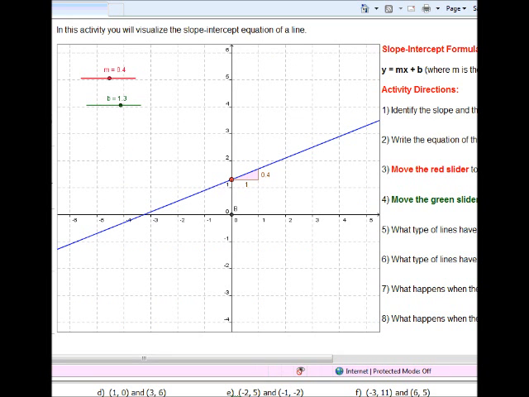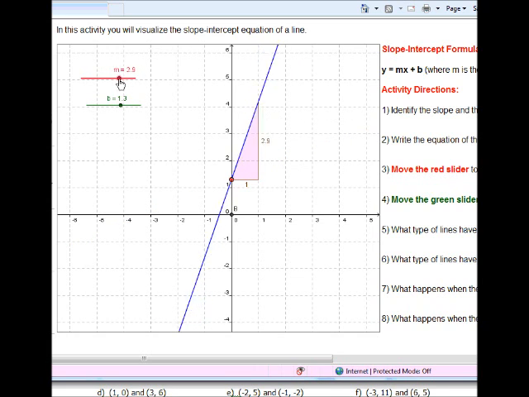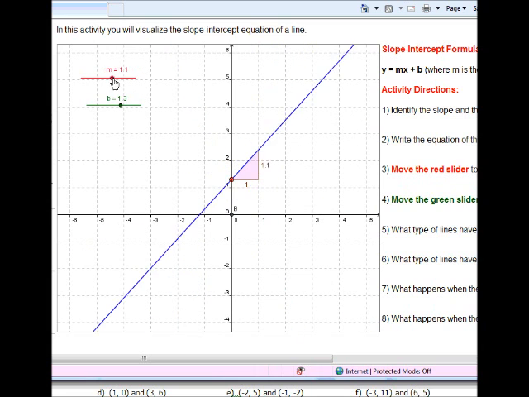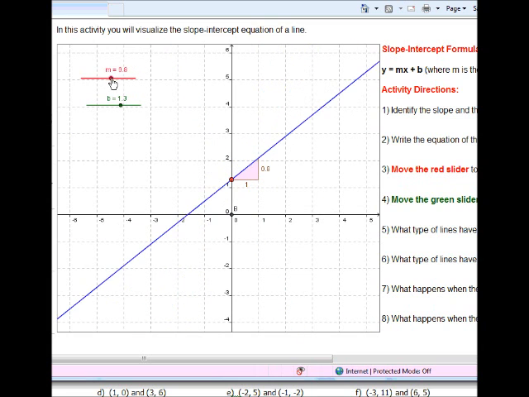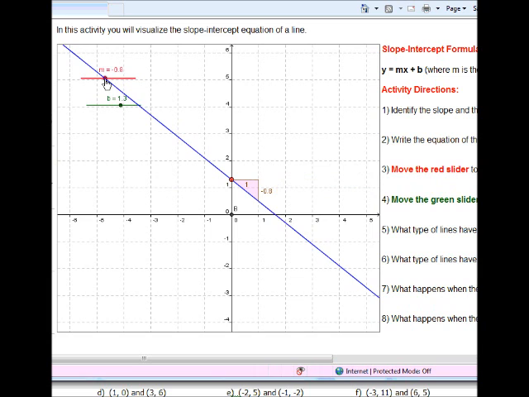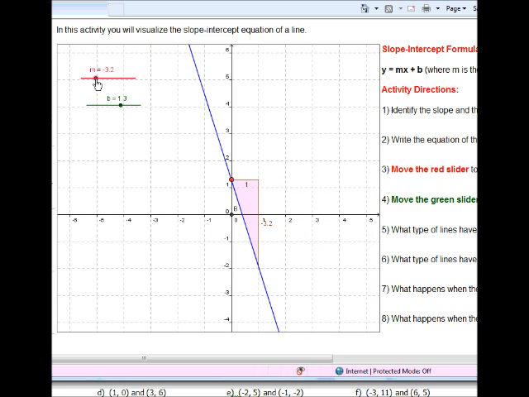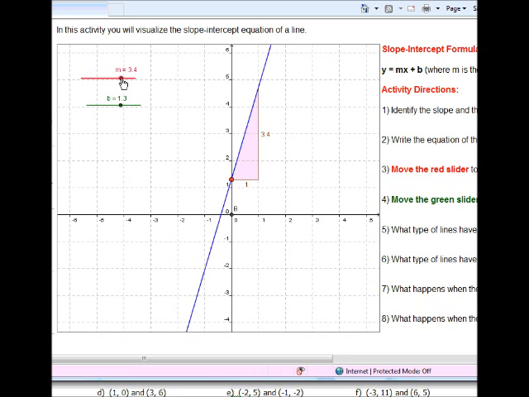So this is going to give you a little interactive of what slope looks like, and if you just drag these little green y-intercept and red slope dots here, it'll change the slope of your line. So slope we looked at a little bit last night, and this is going to show you exactly what a negative steeply sloped line looks like, zero slope.